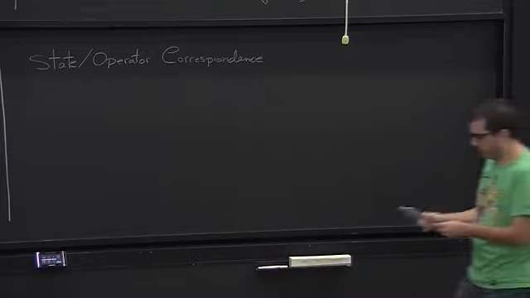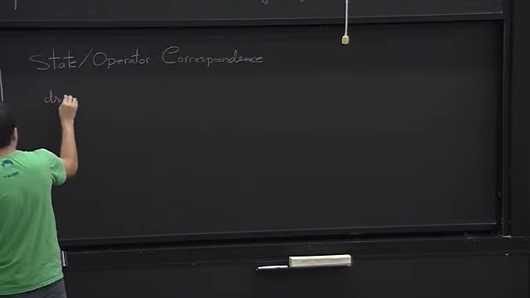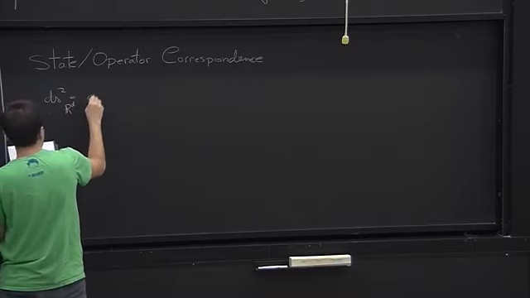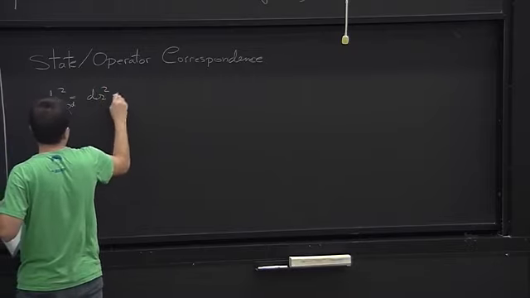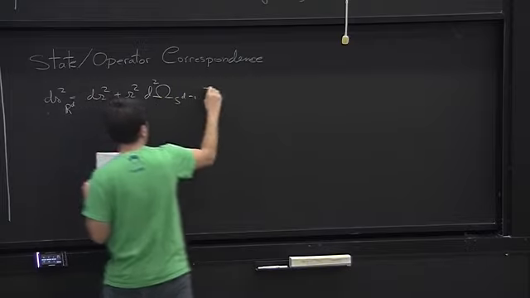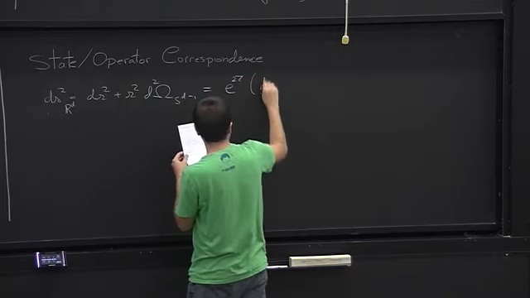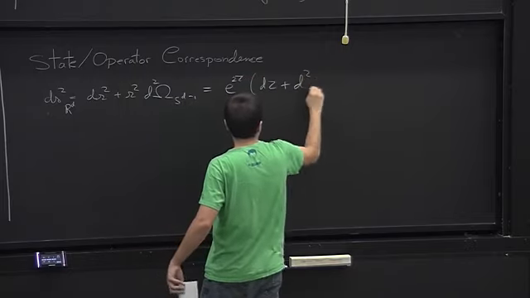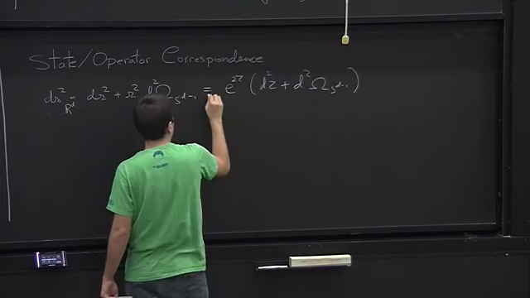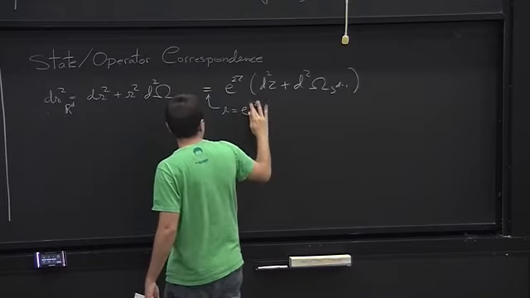So let me remind you that the metric in flat space, as we saw several times, is conformally flat to a cylinder, under just identifying r to be e to the tau.